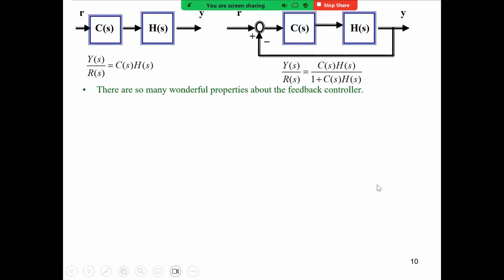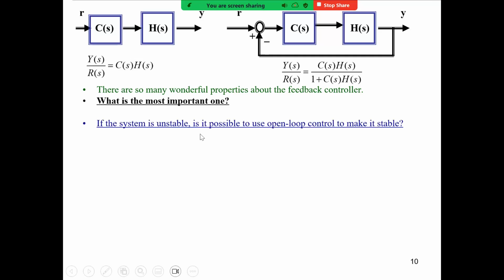And we know that there are many wonderful properties of the feedback controller. But among all of the properties, what is the most important one? The important one is that it can change the poles.